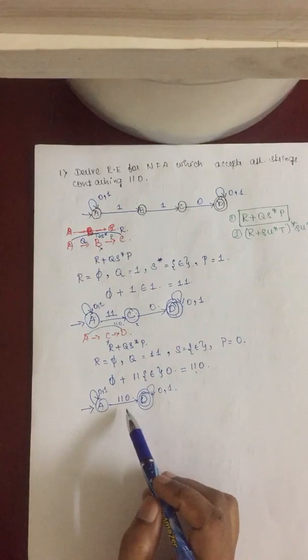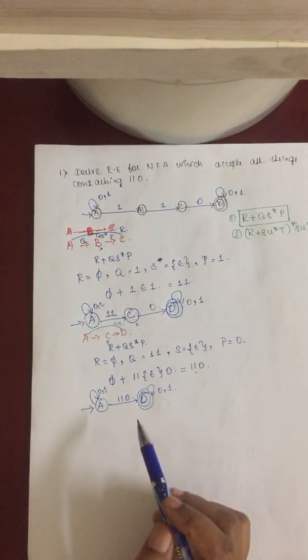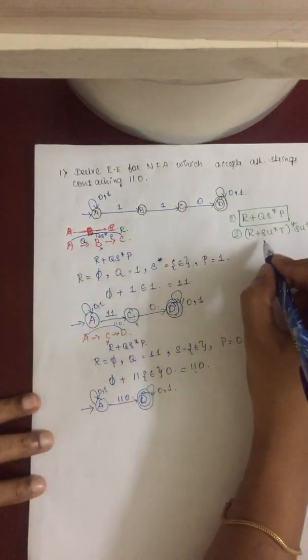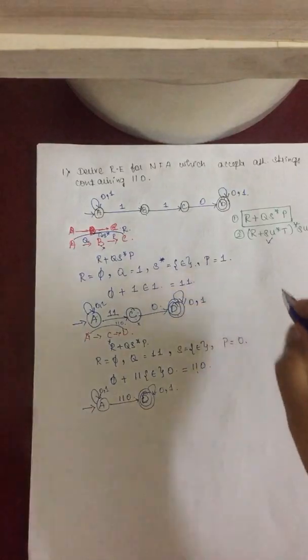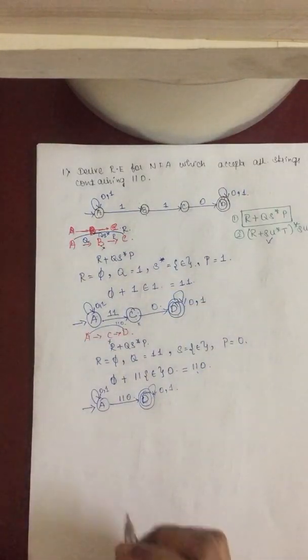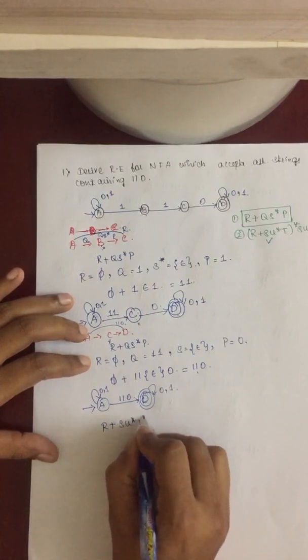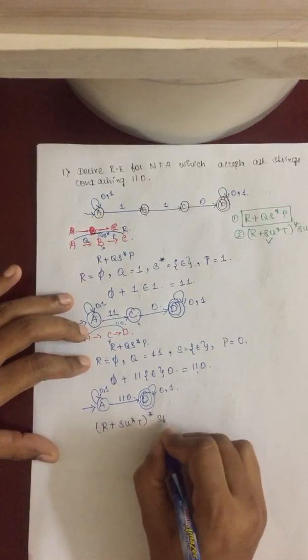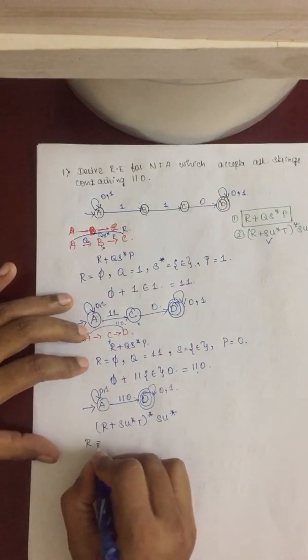Now there is no intermediate state, only the initial state and final state are available over here. When only initial state and final state are available, you are supposed to apply this formula, right? So the formula is R plus S U star T the whole star, then again S U star. This is the formula, right? So here the R value is what?